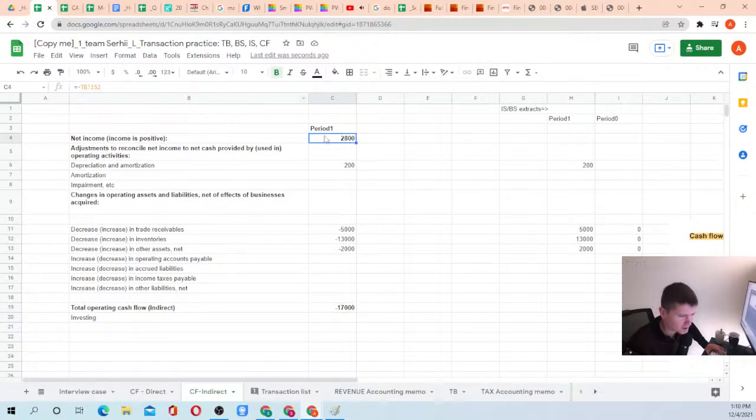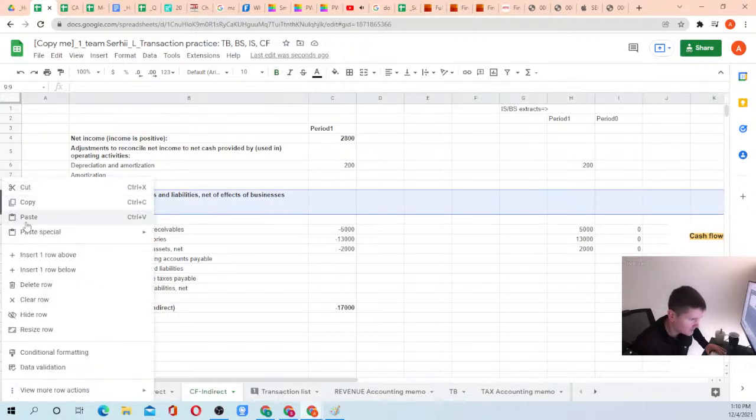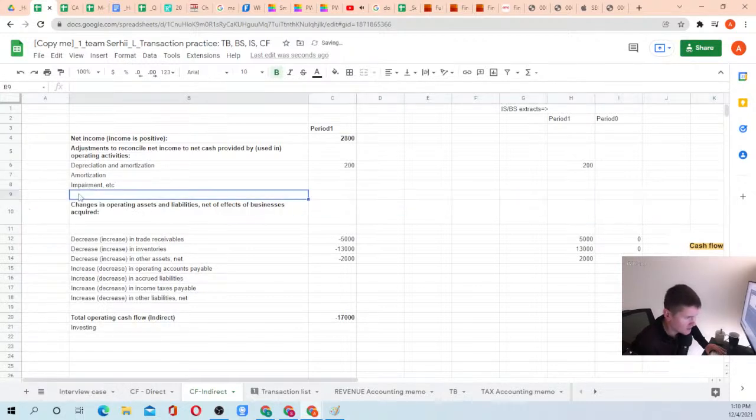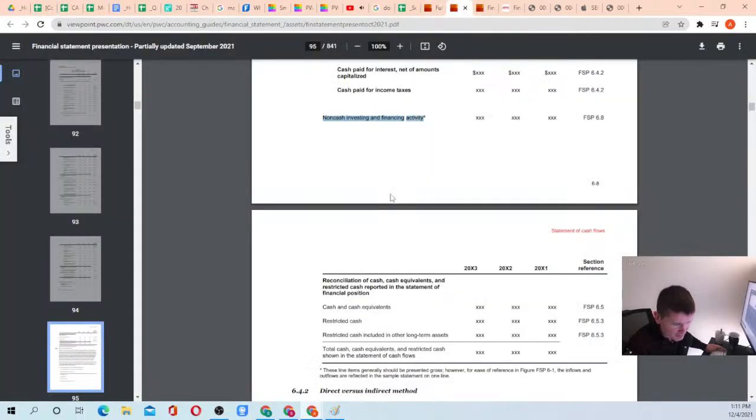That's because 1,000 of expenses was included in income. So our income decreased by 1,000, and we need somehow to adjust for a non-cash item, which was interest accrual.